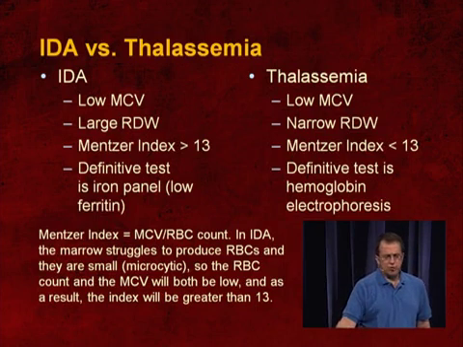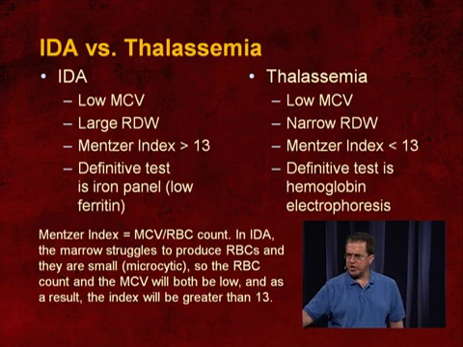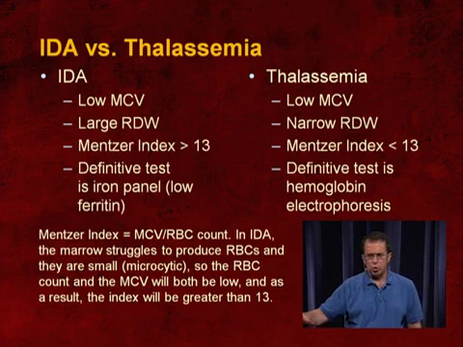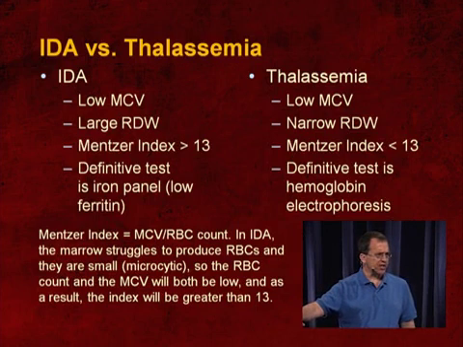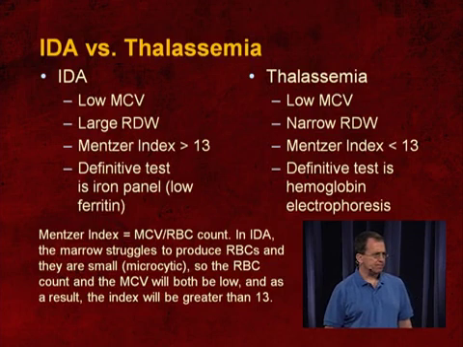But if you don't, you sort it out by getting iron deficiency anemia off the table. You're left with a mild microcytic anemia with normal iron stores in a well-appearing child who doesn't have anemia of chronic disease, does not have an elevated hemoglobin A2. That's going to be alpha thalassemia.